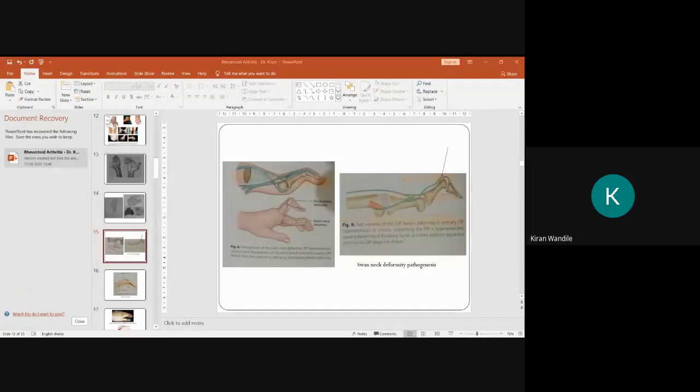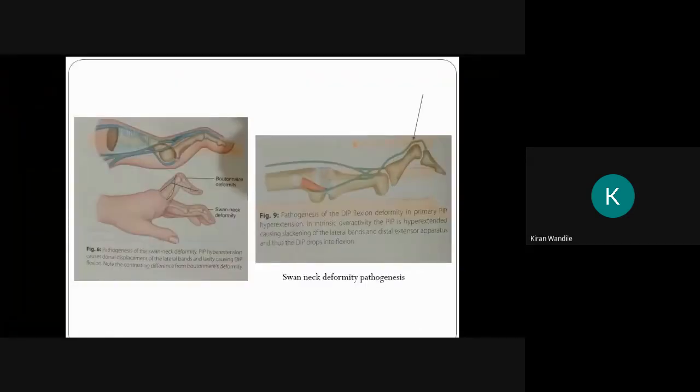Okay, you want me to repeat this point? Why does this swan neck deformity occur? The intrinsic mechanism, that is interossea and lumbricals, are tight.